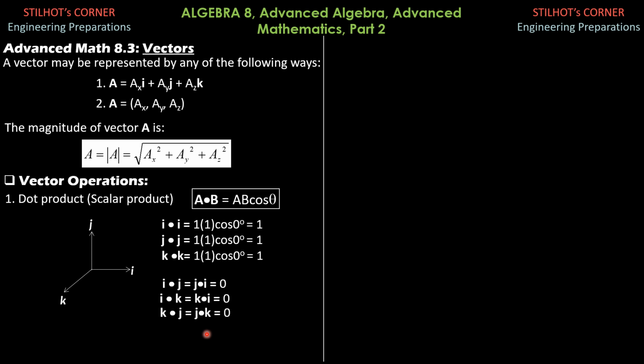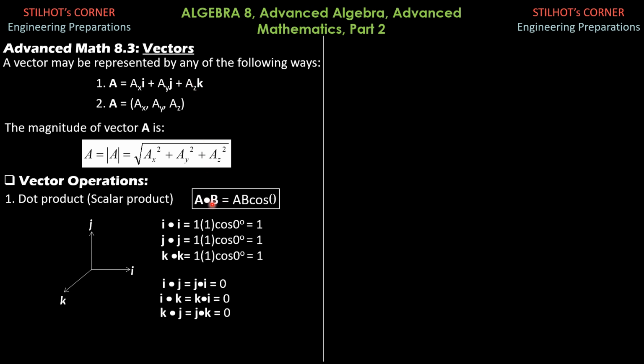So therefore, if we have vector A in this form, and vector B in another form, we just replace this by bx, by, and bz. Since i dot j, j dot k are 0 and the product is commutative, we now have an idea that a dot b is simply ax bx, since i dot i is 1, so ax bx plus ay by plus az bz.